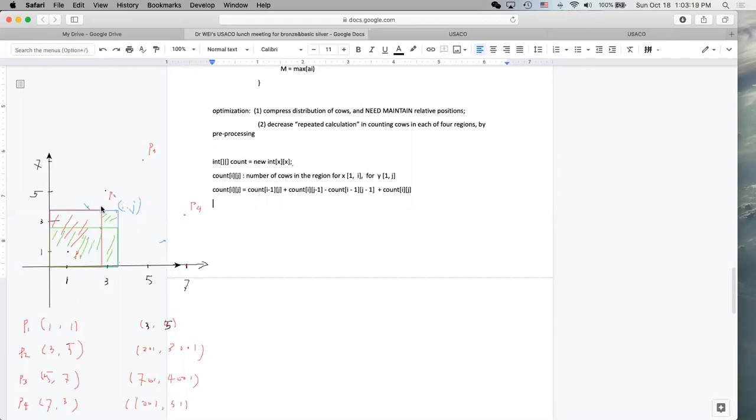Then you count only one time for the total footprint, and add on the count at I and j, whether or not you have a cow right over here. If so, just add 1. So you only have to traverse the open space one time instead of many times. That would be the second area to decrease the repeated calculations.